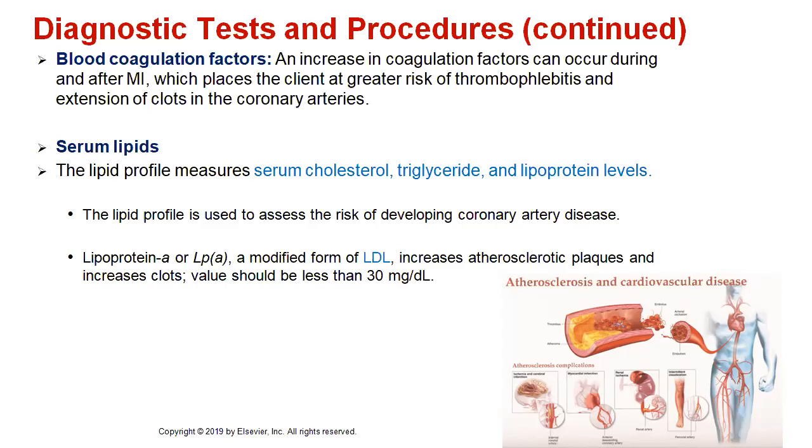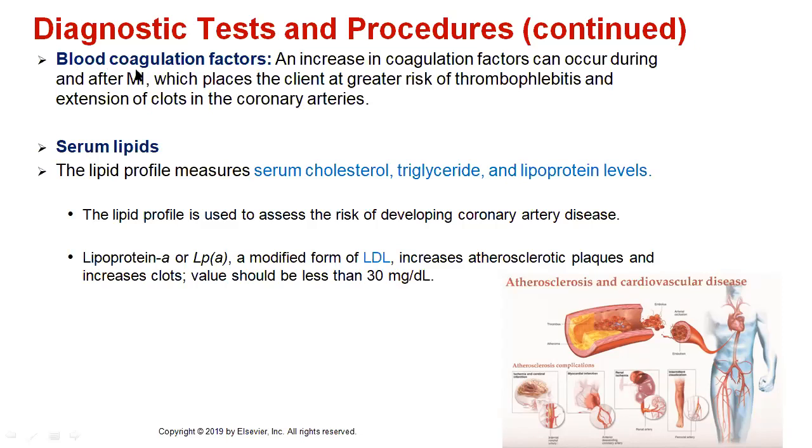A patient does not develop MI suddenly. At the beginning, they complain of angina. There are three kinds of angina. If angina is untreated, the patient develops MI or myocardial infarction.